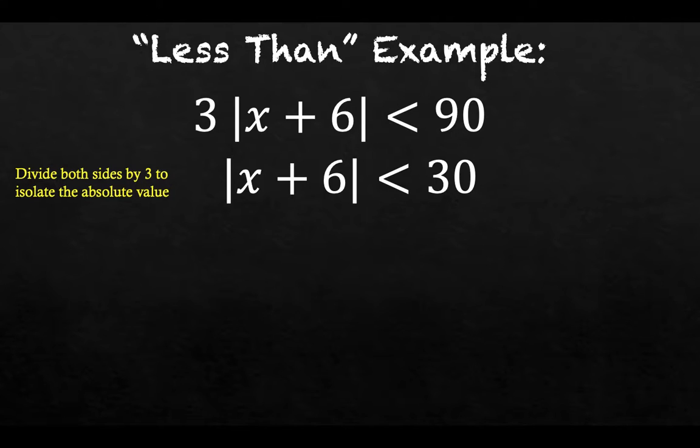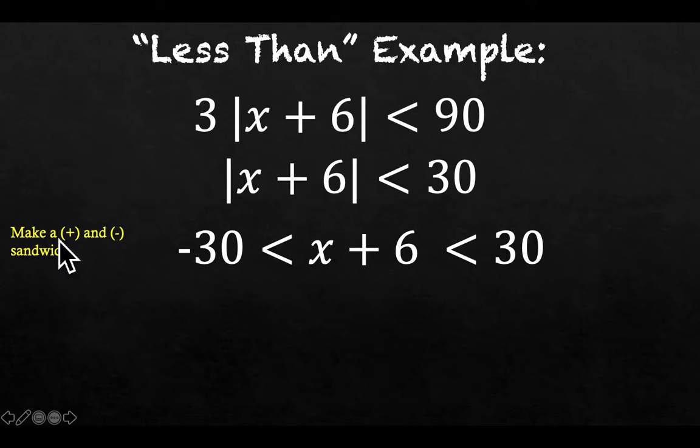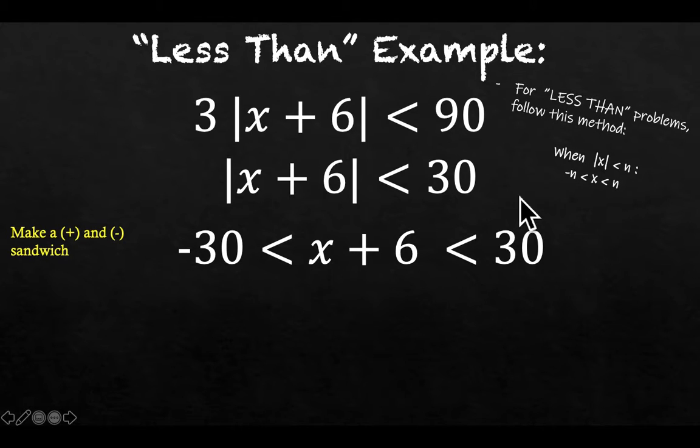Now we're ready to start applying the less than example rules. So with a less than, we need to make that positive and negative sandwich. So we follow this pattern. So what we end up with is negative 30 is less than x plus 6 is less than 30.